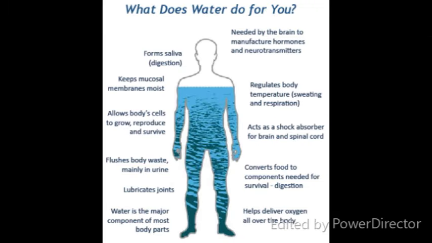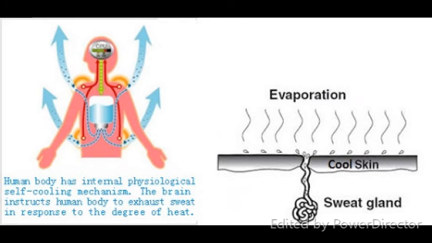Water maintains blood plasma volume. It regulates body temperature and is crucial in the contraction of muscles. A loss of 2% of body weight due to sweat increases the risk of nausea, diarrhea, and vomiting. A loss of about 5% of body weight due to sweat can decrease work capacity by roughly 30%.